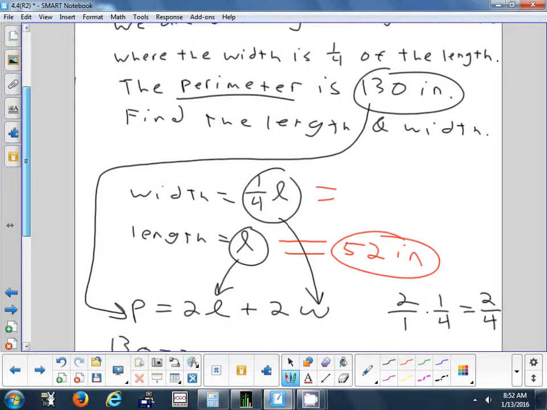And now, how do I get my width? Now that we know the length, we can get the width. Court, go ahead. What were you saying? Yeah, 1/4 times the length. Okay, now we know the length. Length is 52. So 1/4 of 52. Does anybody know what that is?